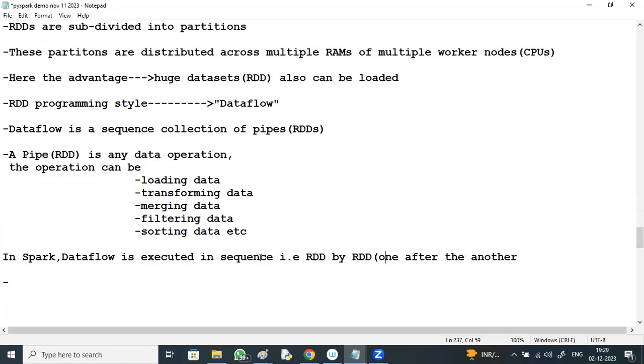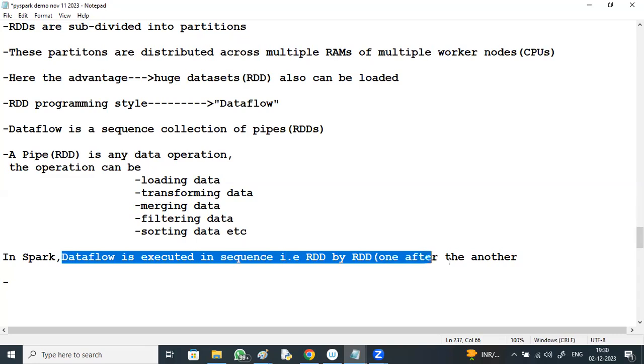It executes in RAM only. Any kind of execution can be shown? Yes, I'll show you. This is lazy evaluation, right? Yes, lazy evaluation. In Spark, data flow is executed RDD by RDD, one after the other.